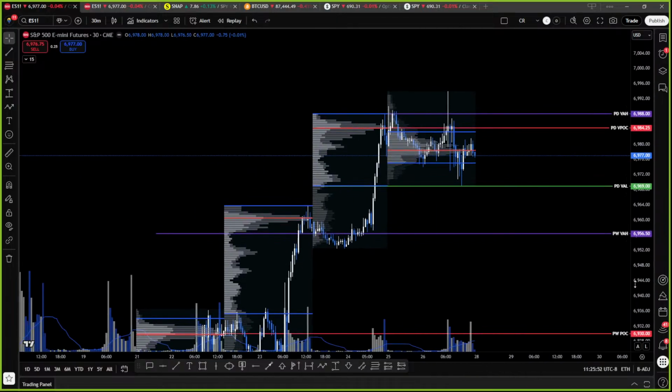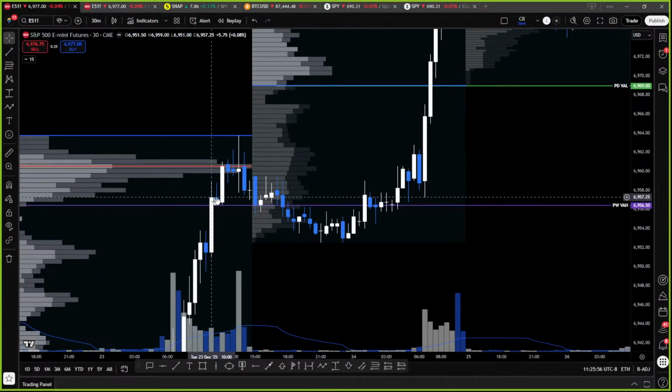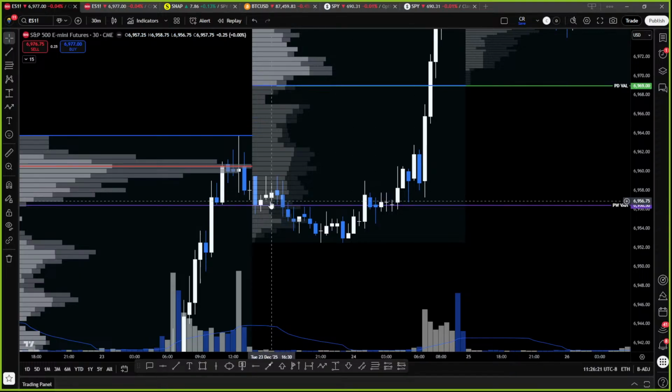For me, I would not count these first 2 candles, because this is our initial one that breaks through, but when our second candle touches, that becomes candle 1. But then since our third candle also touches, this becomes candle 1. This is now candle 2. This is candle 3. So we got our 3 5-minute candles above previous week value area high.